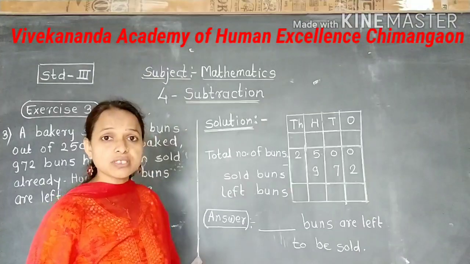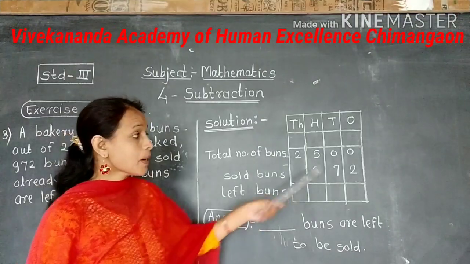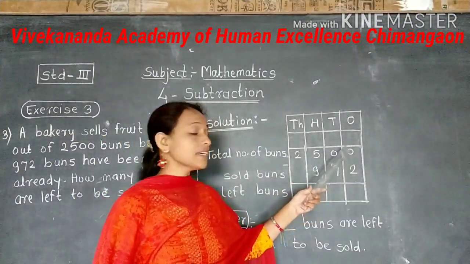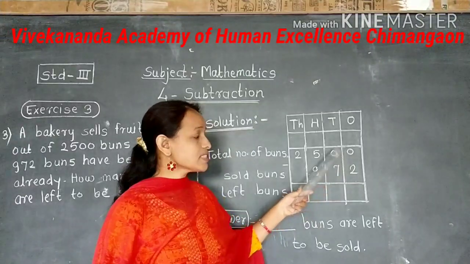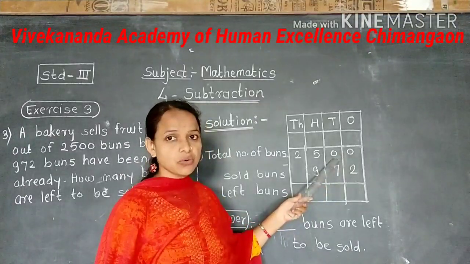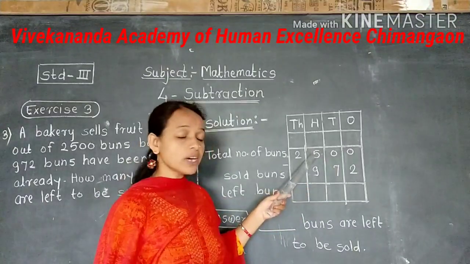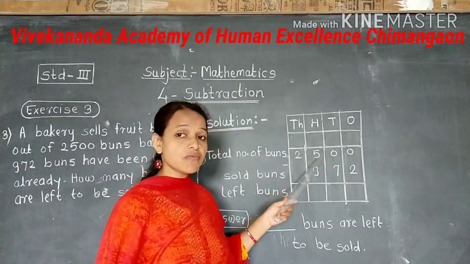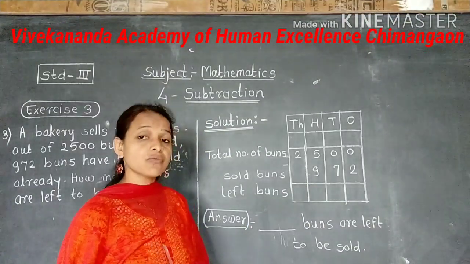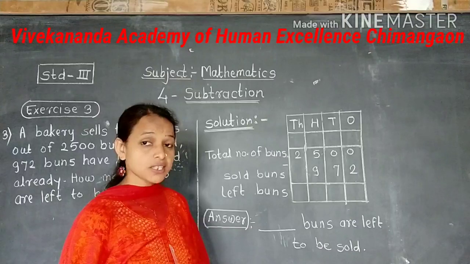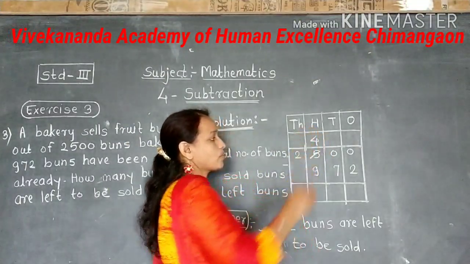First we have to subtract ones. But if you observe, since we do not have enough ones and tens, we have to regroup. That means we have to borrow 100 from 500. So from 500 we borrow 100. So 5 minus 1 remains 4.